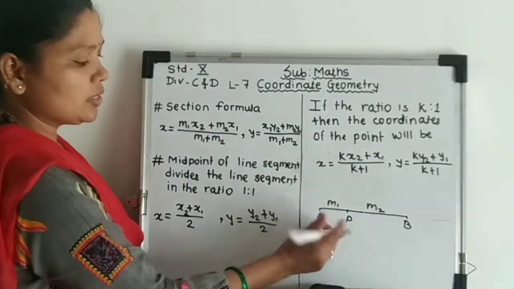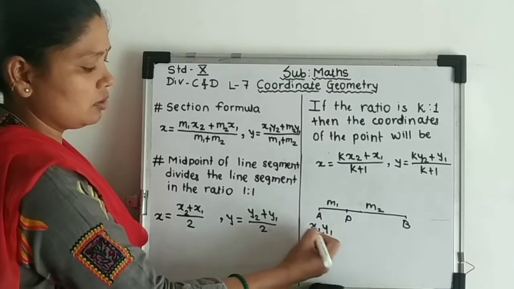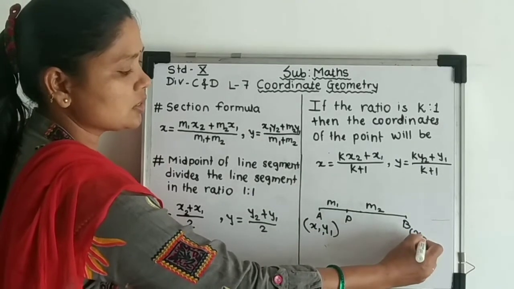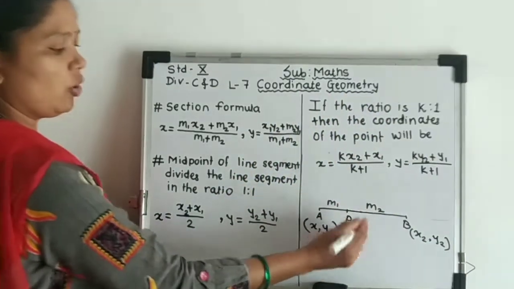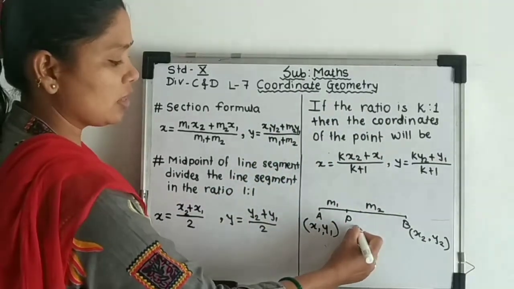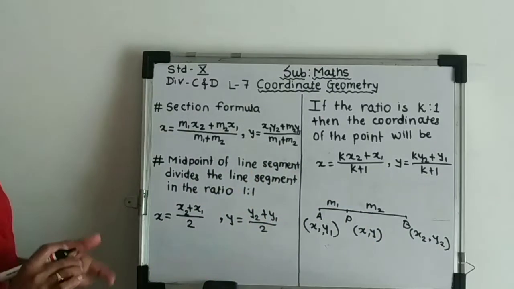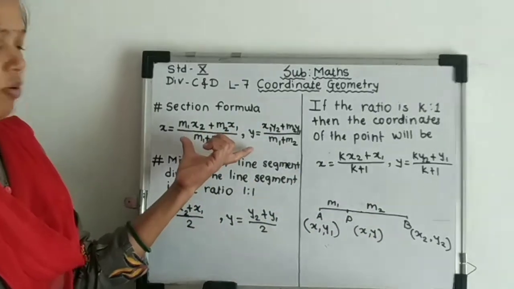Now the coordinates for A are x1, y1, and the coordinates for B are x2 and y2, right? And the coordinates of P, that is x and y, are what we are going to find out by the section formula.